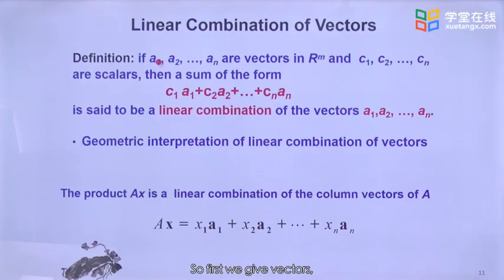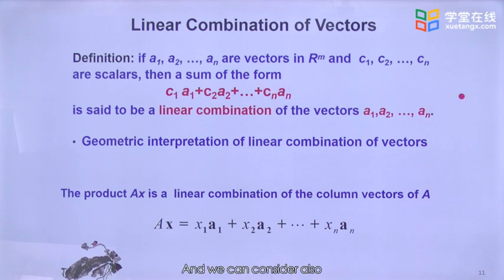So first we give m-dimensional vectors a1, a2, ..., an. You can just consider them as the columns of the m by n matrix A. So you do this linear combination here, with c1, c2, ..., cn just scalars. Okay.